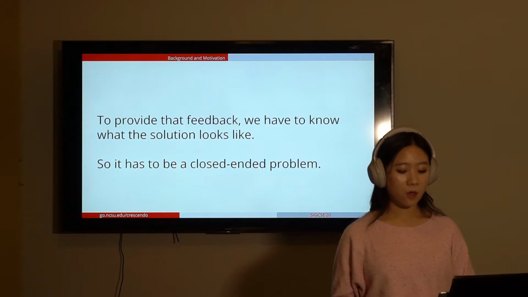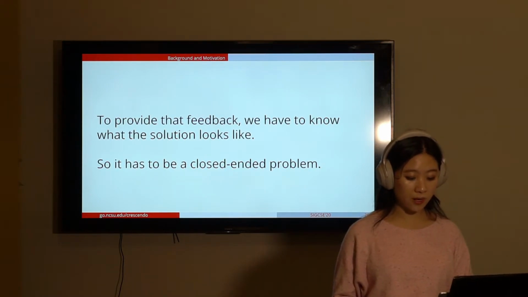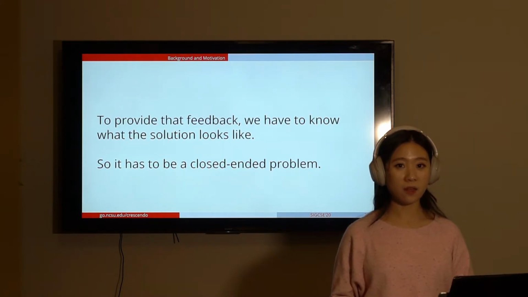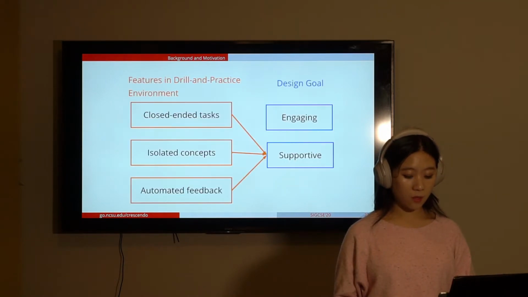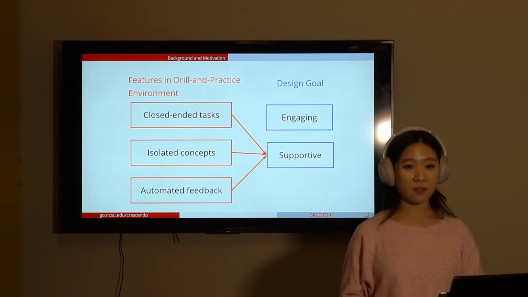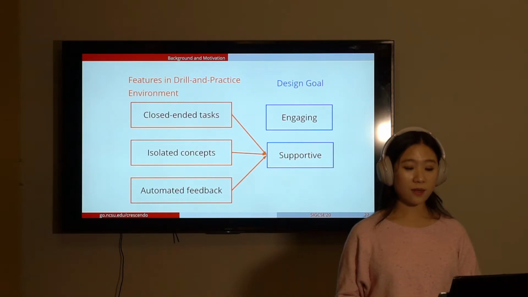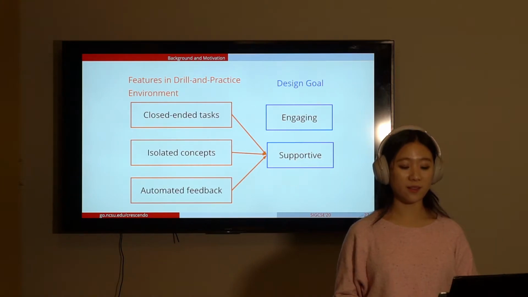But to provide that feedback, we have to know what the solution looks like, and it has to be a closed-ended problem. Revising our design goal, the closed-ended tasks, isolated concepts, and automated feedback provide specific assistance while students are stuck, so they offer a more supportive programming experience.